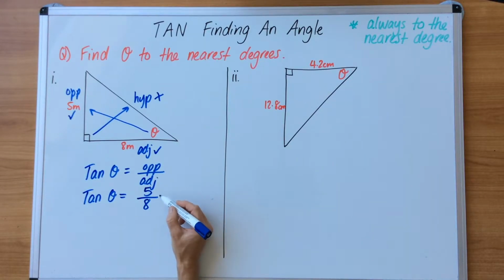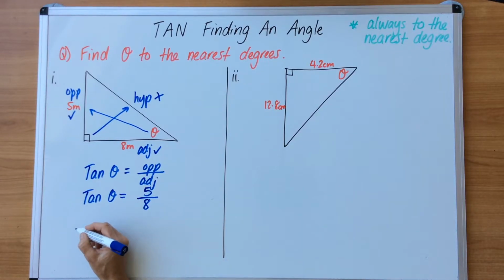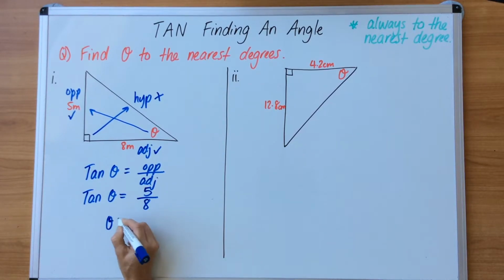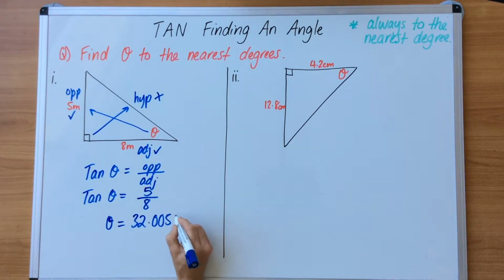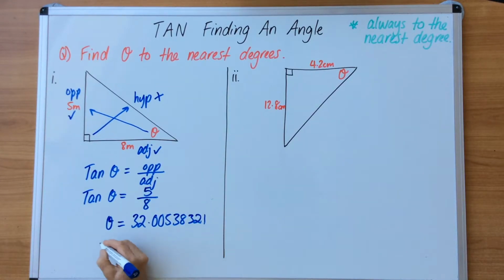Find the second function button on your calculator, hit that, then we go tan 5 ABC fraction button 8 equals, and we are going to get an answer. So theta equals 32.00538321.